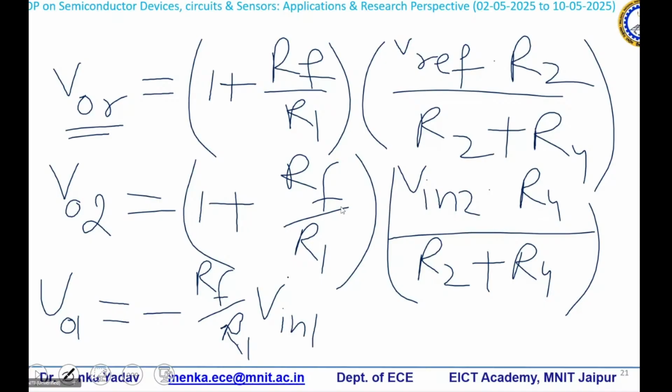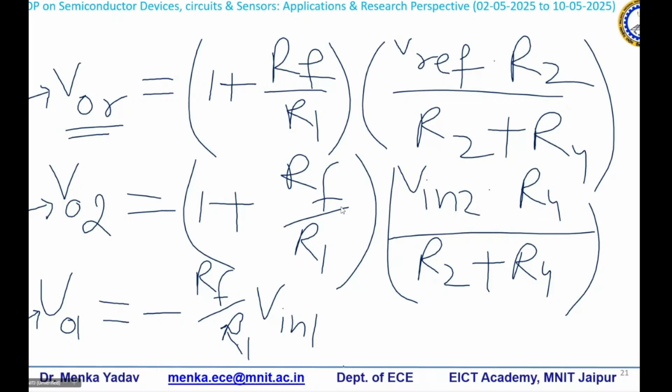Yes, so these were the three values, VO1, VO2 and VOR, because of the input 1, input 2 and reference input.